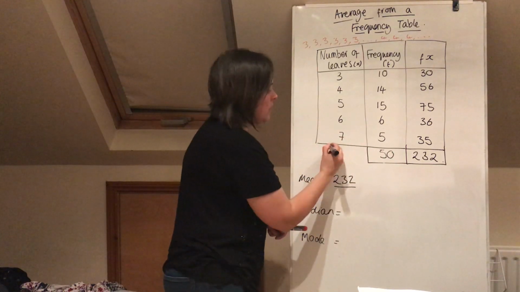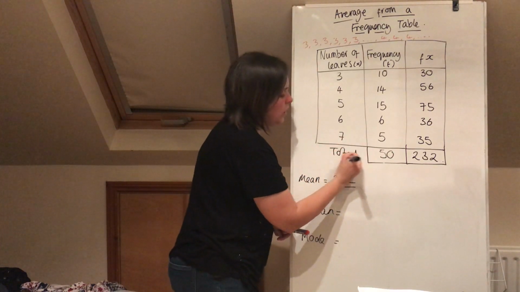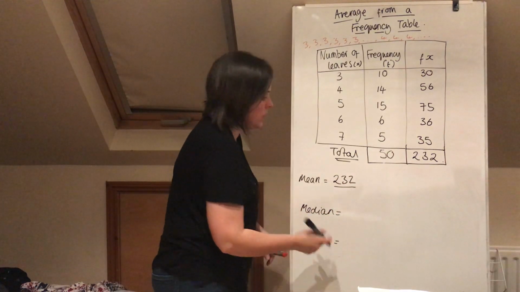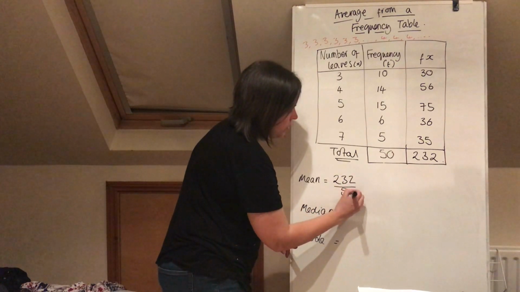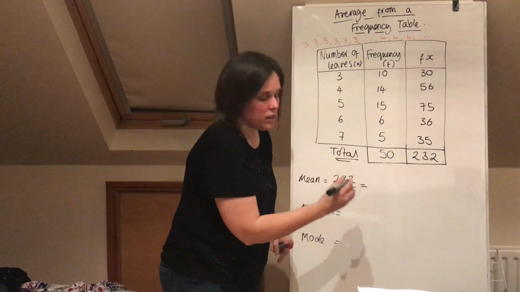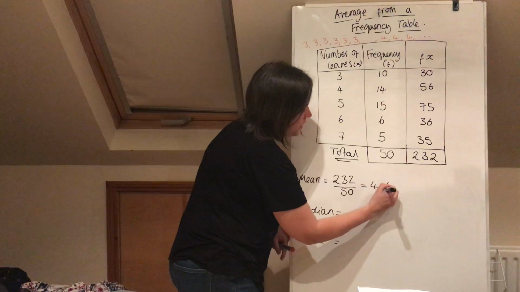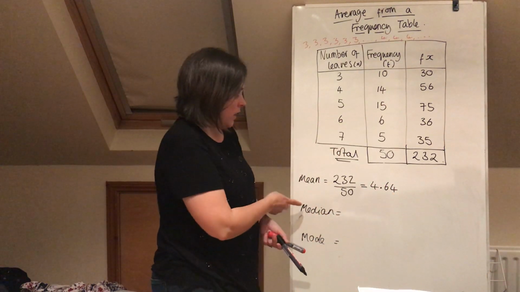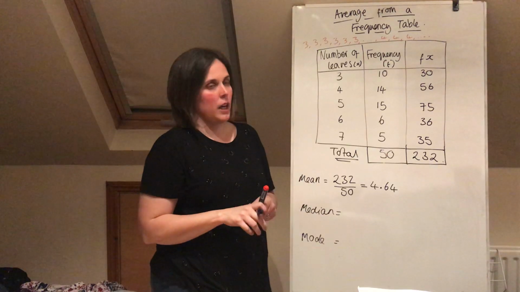You'll notice that I've got those 2 boxes at the bottom there, and they are our totals. So we do 232 divided by 50, and the answer is 4.64.